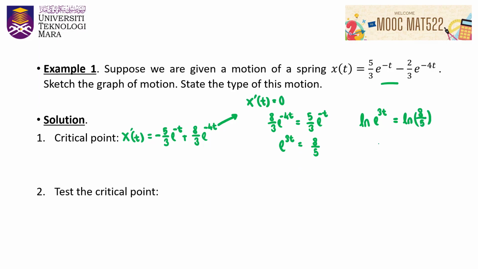The ln of exponent can be simplified immediately into 3t. And this further allows us to find the time t at the critical point to be ln of 8/5 divided by 3. This gives us the value 0.157. This is the critical time for the spring mass system.